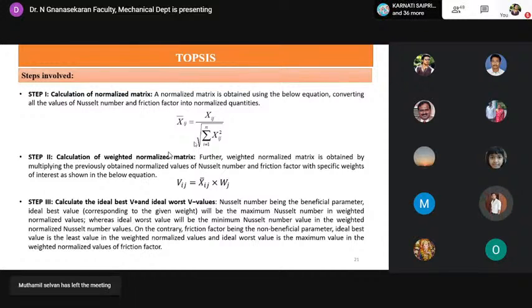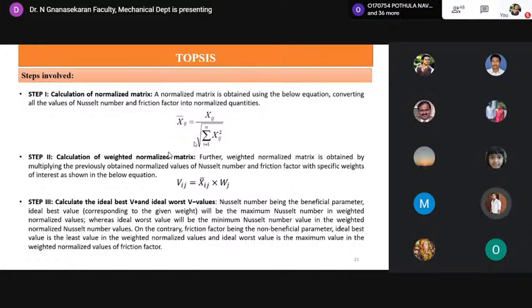For example, if Xij is the parameter, then we want to normalize. When some parameters are given to you, they have to be normalized. For example, if you consider the Nusselt number or the heat transfer coefficient, you can have a different set of values, and then we have to normalize them. That is being done in the first step.